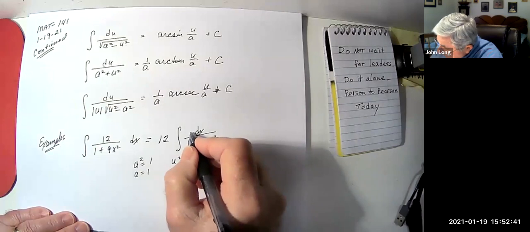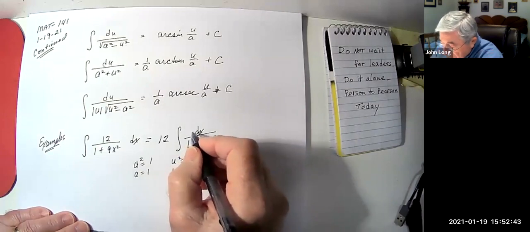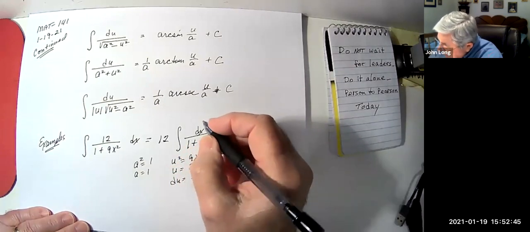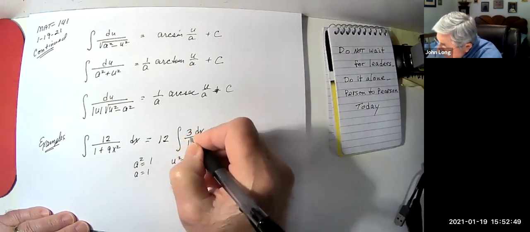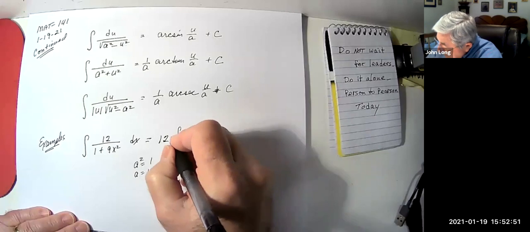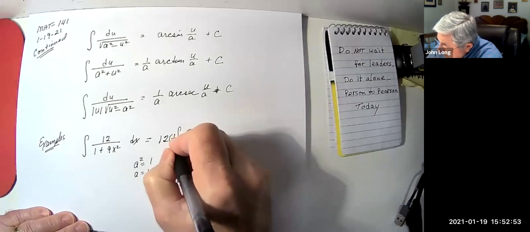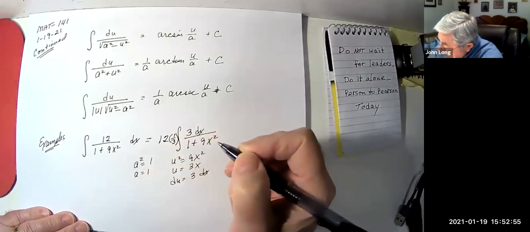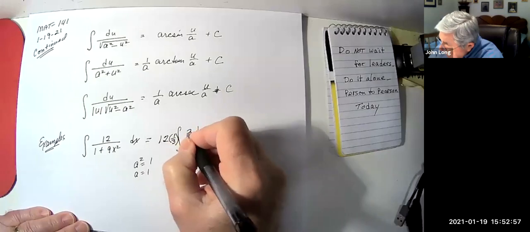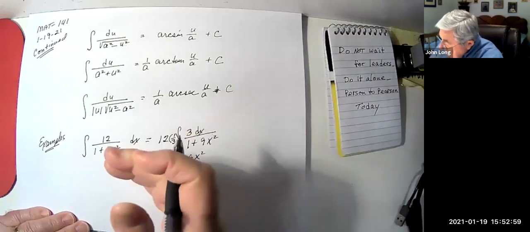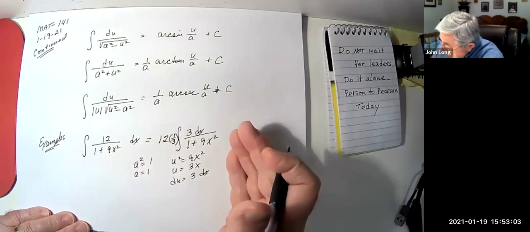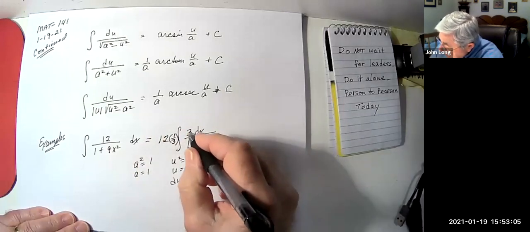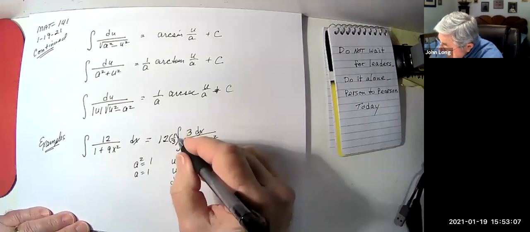We need to have 3 dx up here. And so what we do to have the 3 dx is we come up here and we put a 3 in there, and we put a 1/3 out front, because 1/3 of 3 is 1. So it's an algebraic property. Nothing has been changed. Well, what is changed is the fact that we now have the integration part.